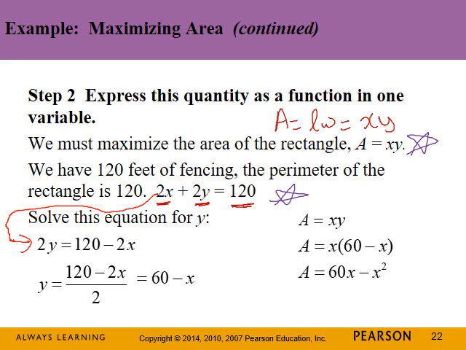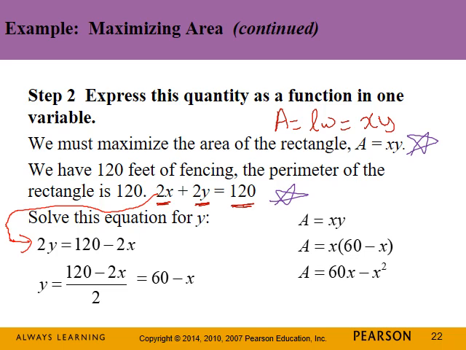So let me rewrite it in the center so we can follow the steps, because they're not given in the PowerPoint. I had to subtract 2x from both sides, and these will cancel out. I'm left with 2y equals 120 minus 2x, which is what we have here.